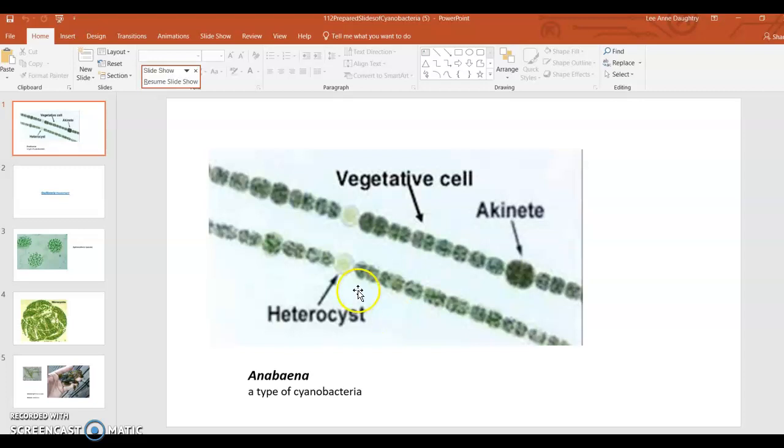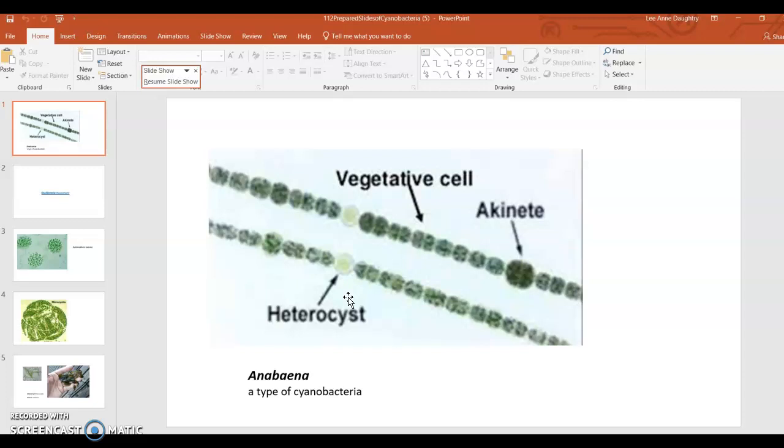A heterocyst is a cell that is capable of converting the nitrogen gas in the atmosphere into usable nitrates and nitrites for the Anabaena bacteria. The process is called nitrogen fixing. It fixes the nitrogen in the atmosphere into a usable form that the Anabaena can use to produce proteins and nucleic acids.